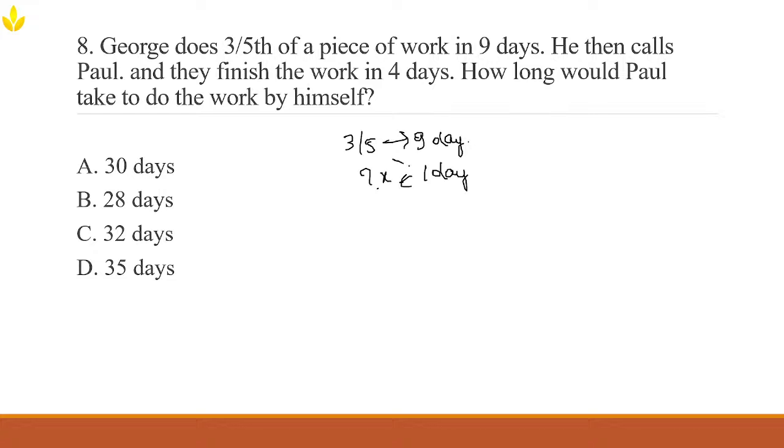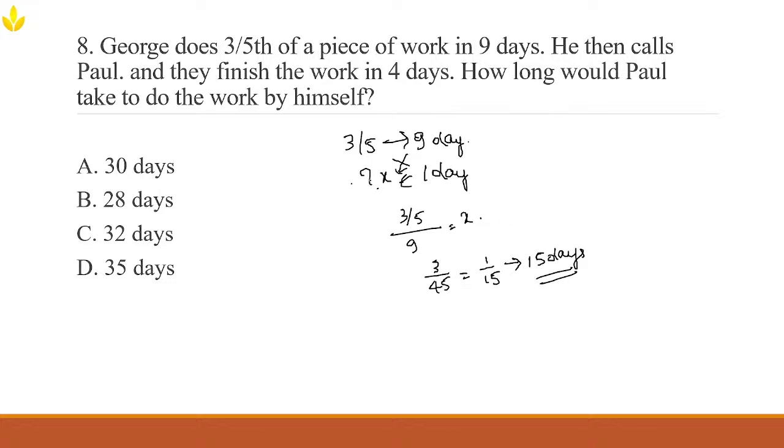If this is taken as x, then 1 into 3 by 5 divided by 9 will be equal to x. So 3 by 45 is nothing but 1 by 15th part of the work completed in 1 day. That means George takes 15 days to complete the whole work.